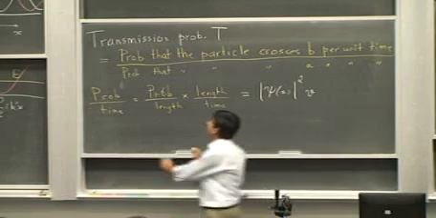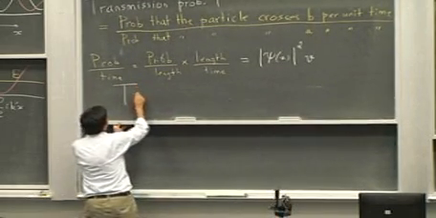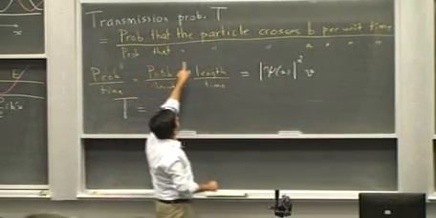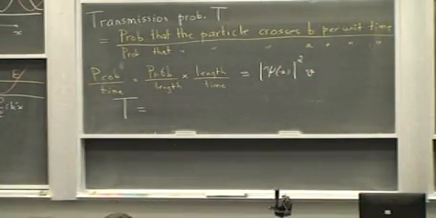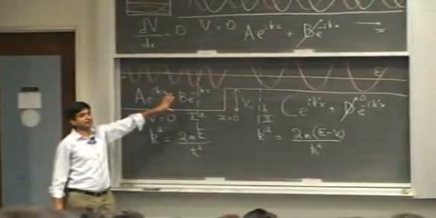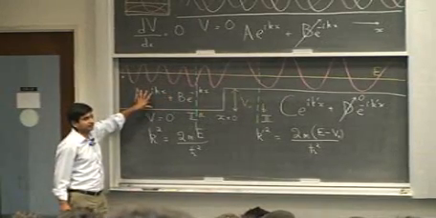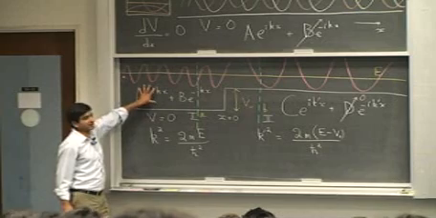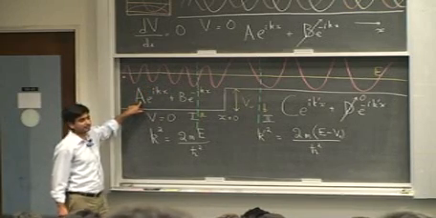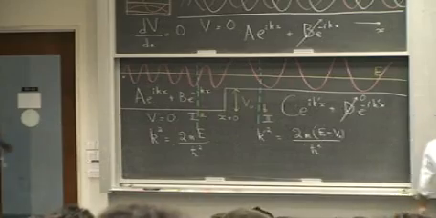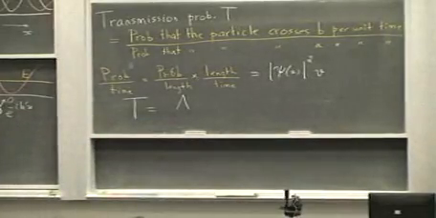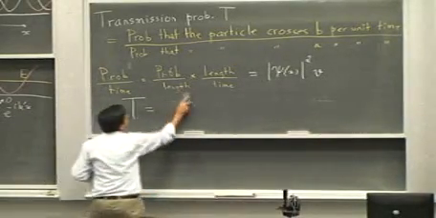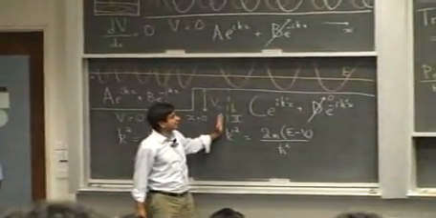So if I would like to find the transmission probability T, in the numerator I have the probability that the particle crosses b per unit time. I take this wave function, and what's the incident part of this wave function? This term, A. So I take the modulus squared of this part. That will give me |A|². I have to look at what happens to this first. So what should I write here? What is the probability per unit length?